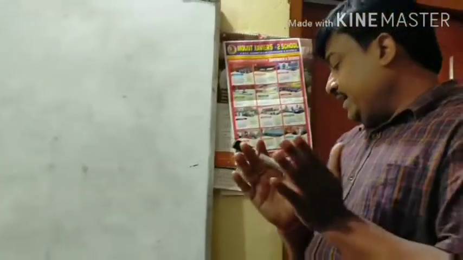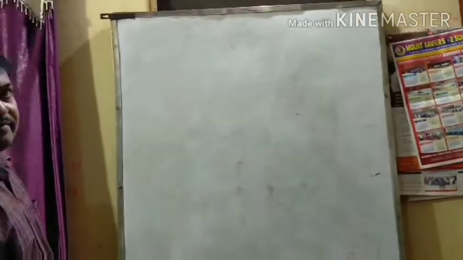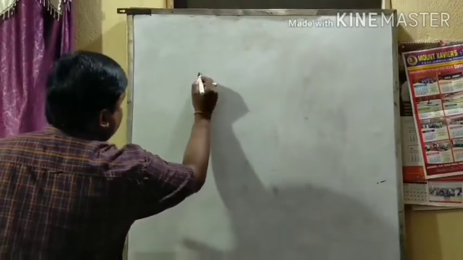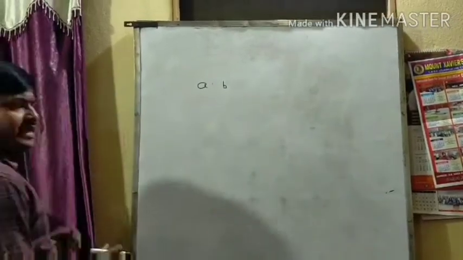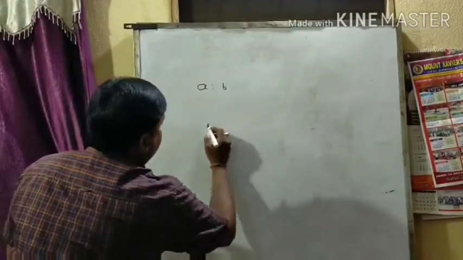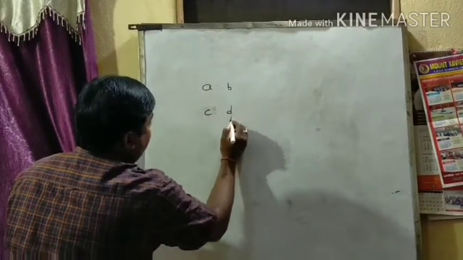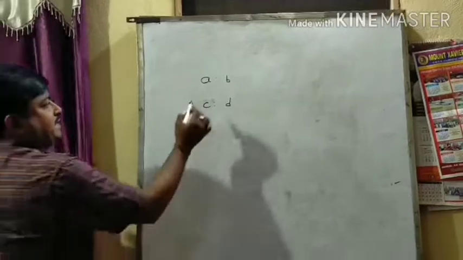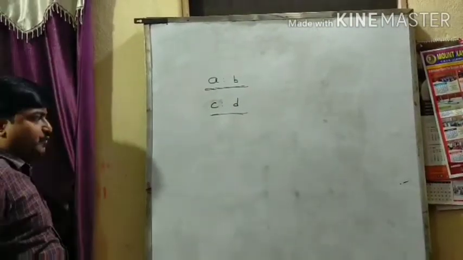Students, when four quantities are so related that the ratio between the first and the second quantities is equal to the ratio between the third and fourth quantities. Suppose this is A is to B, and this is C is to D. This is one ratio, this is the second ratio.